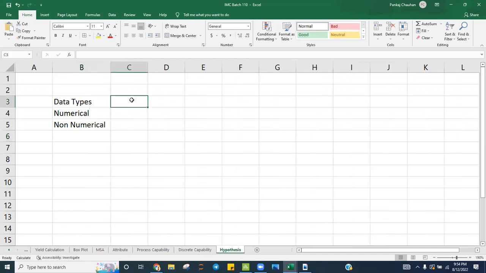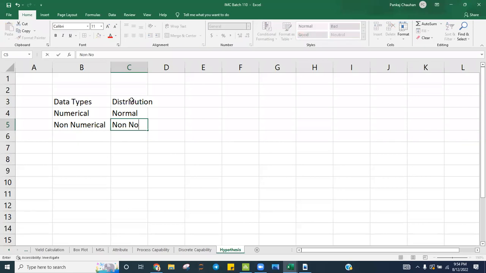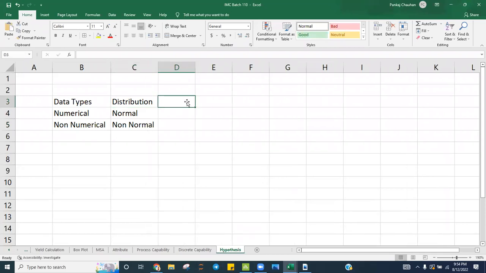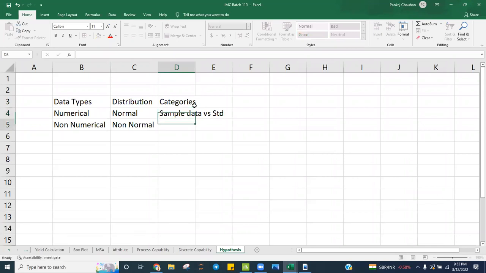It will depend on the distribution, which may be normal or non-normal. It will depend on how many categories you have. You may have sample data versus a standard you are validating.